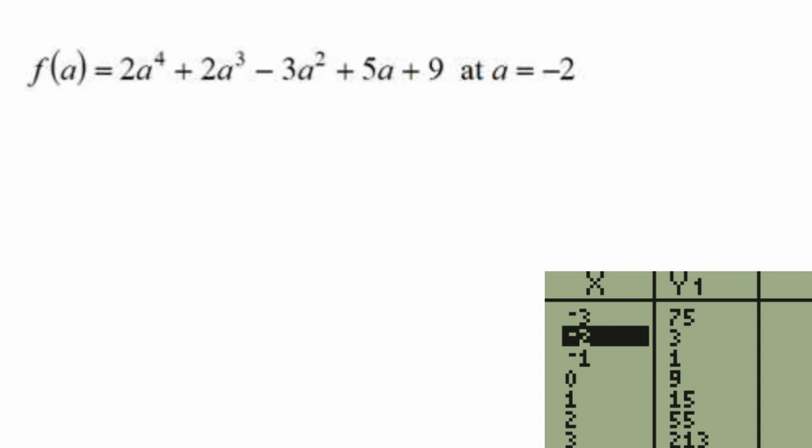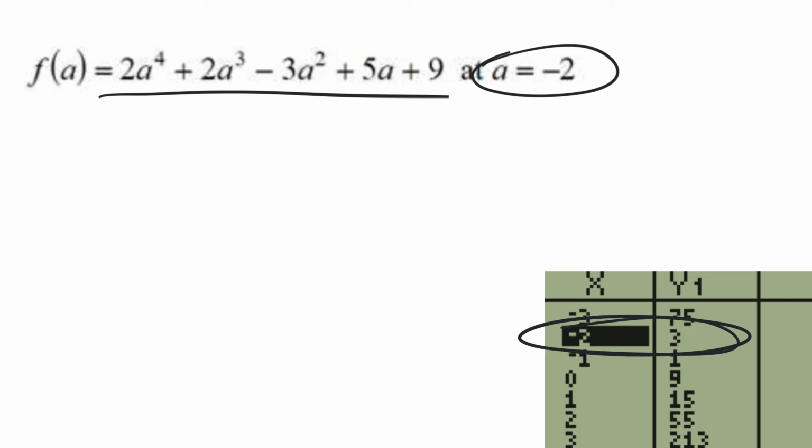Now, I'm going to use my calculator because I'm smarter than the average bear, all right? I won't make mistakes other than typing. So I type this in correctly, and then I look at my table. I type this into my y equals. I look at my table, and instead of plugging in my -2, all I have to do is reference my number -2.